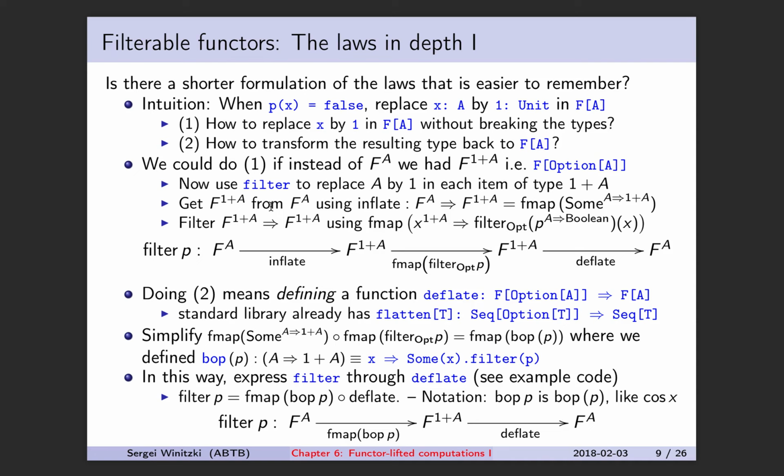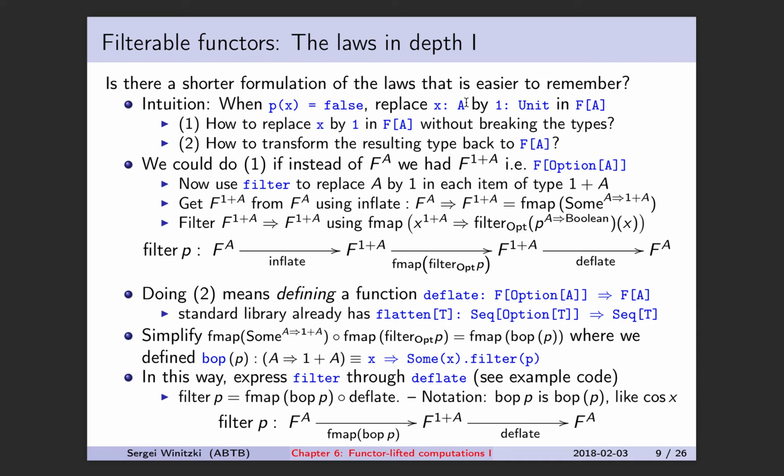Actually, some presentations of filterable functors that I could find online have different laws. So in order to understand what laws are correct or reasonable, we need to reformulate the laws in a more elegant and mathematically reasonable way. So that's where I start.